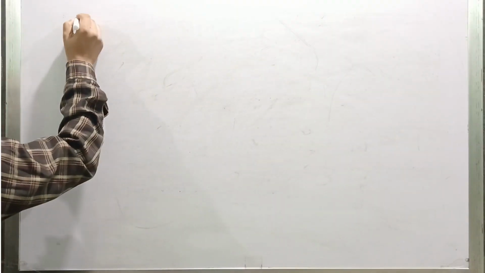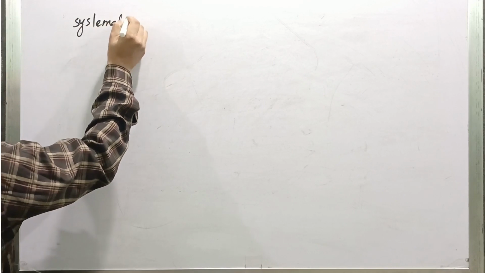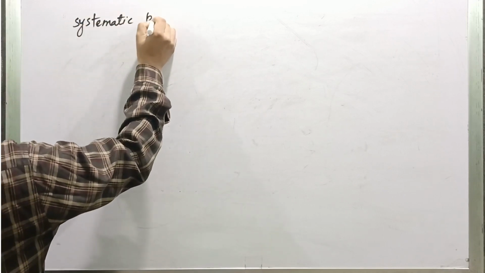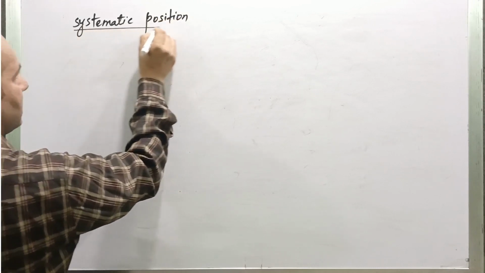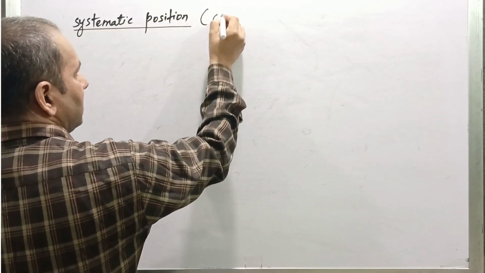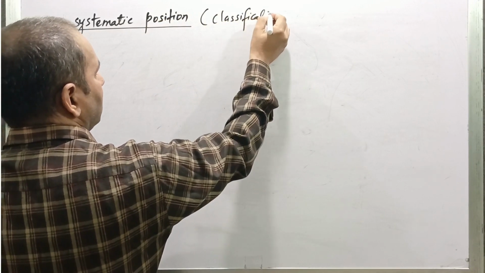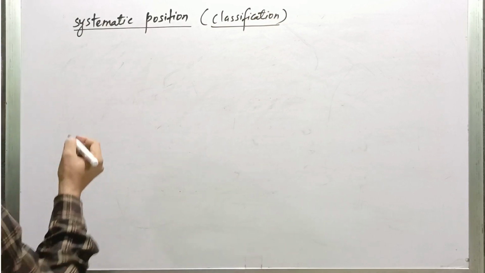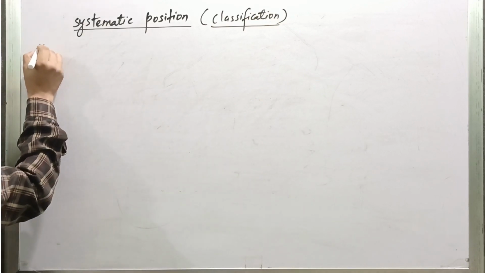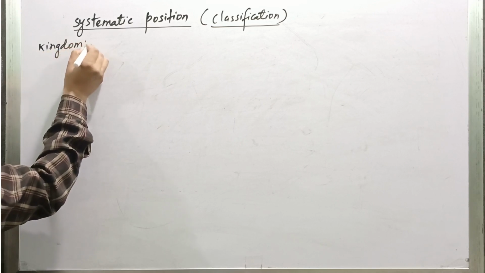Now its systematic position. The systematic position is commonly called classification. First, we write its kingdom.